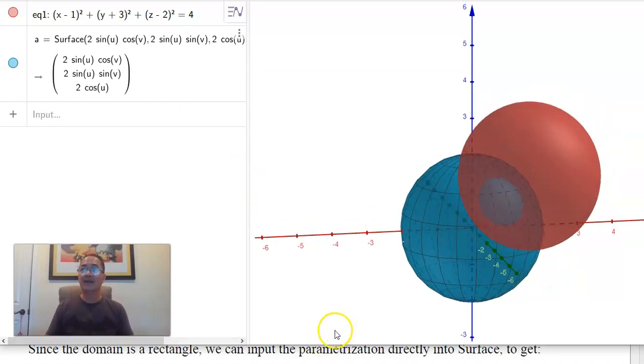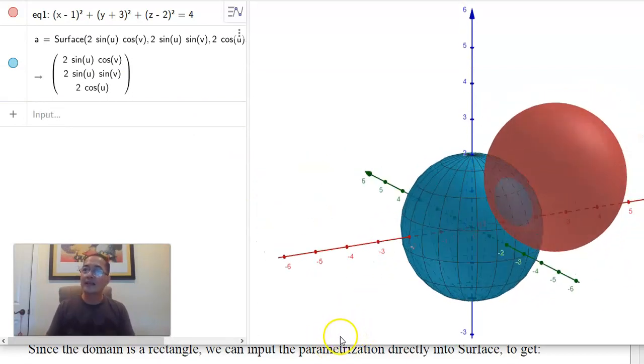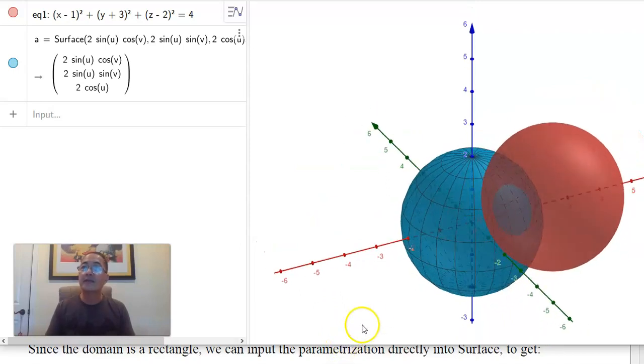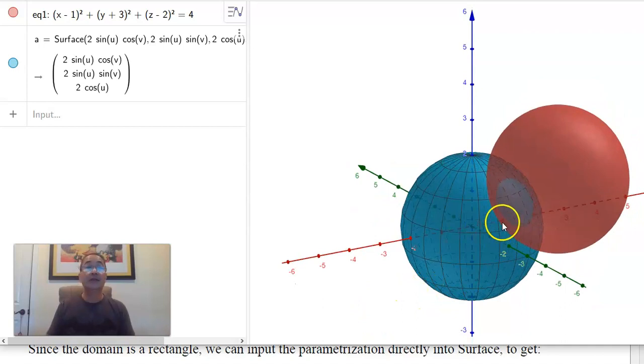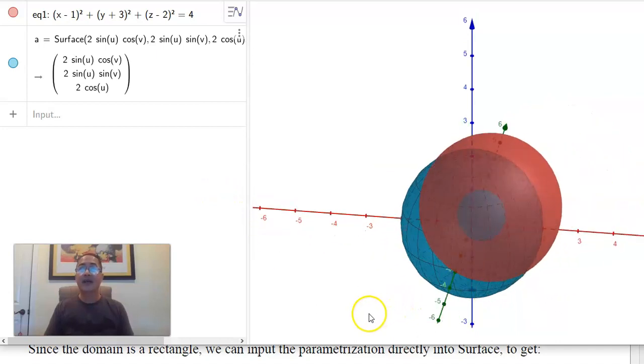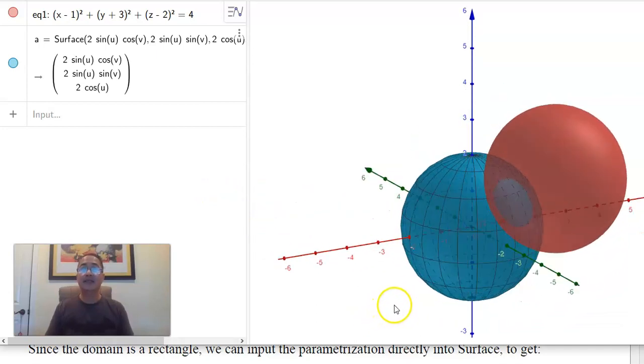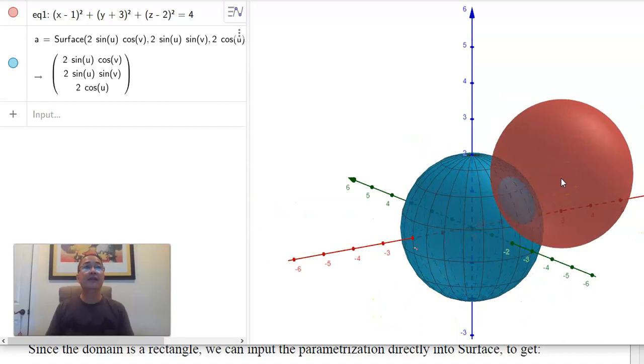So that is the same sphere. Oh wow, it's like the Death Star or something collided with itself. So we have a sphere of radius 2, but centered at the origin. If I want that sphere centered over here, I want to shift by plus 1, minus 3, plus 2.